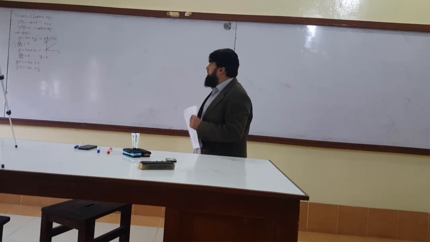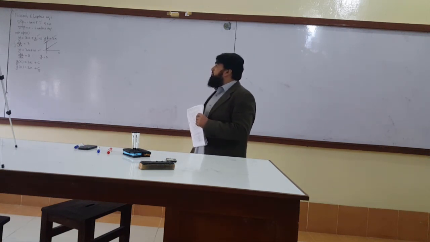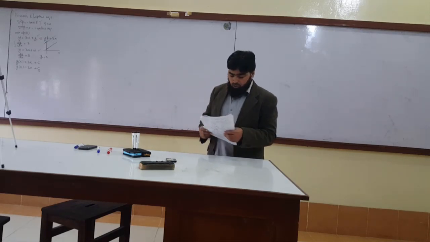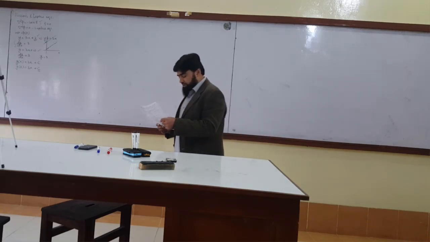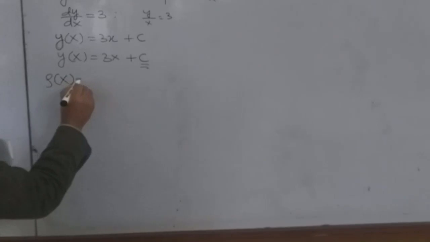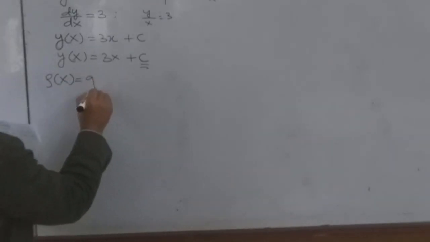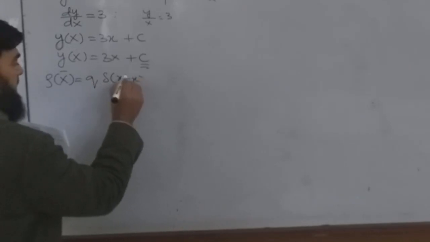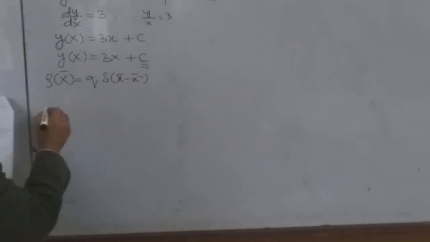So after the Laplace and Poisson's equation, we wrote a few more things, and those were that rho of x is equal to q delta of x minus x prime. We wrote this one.